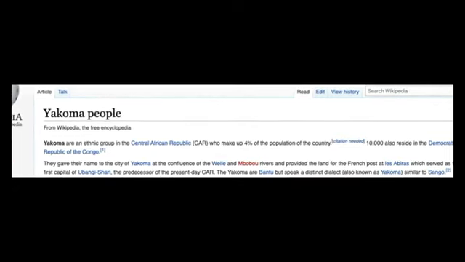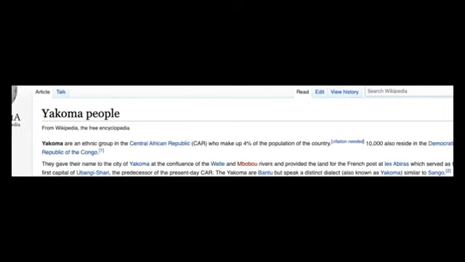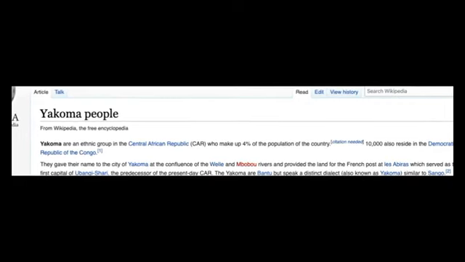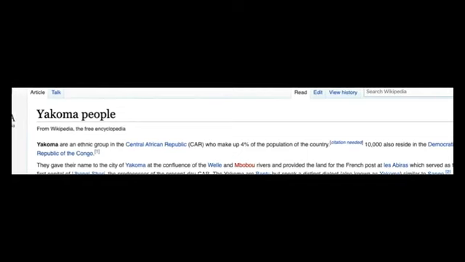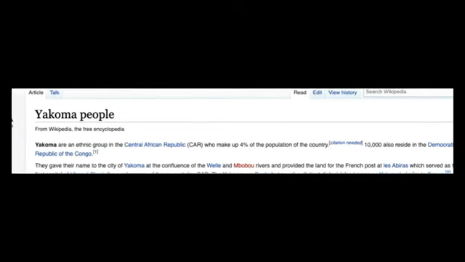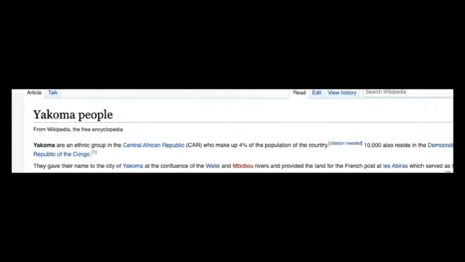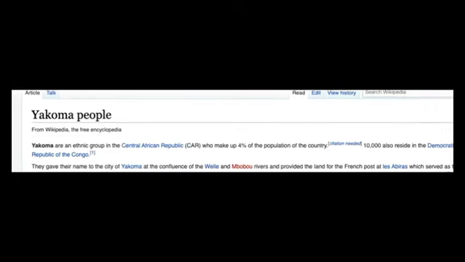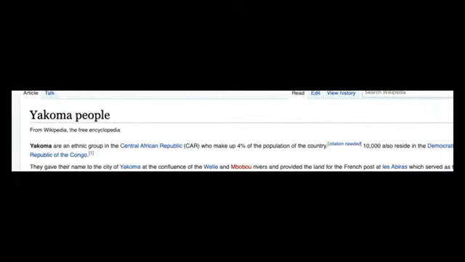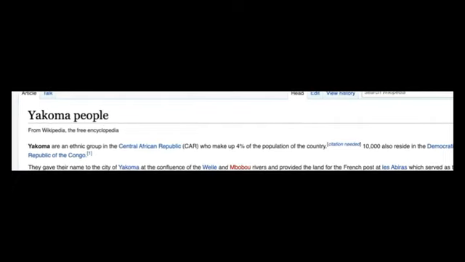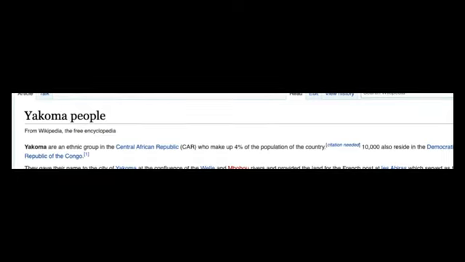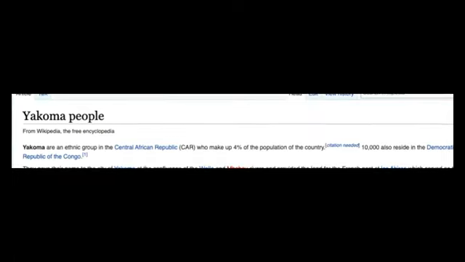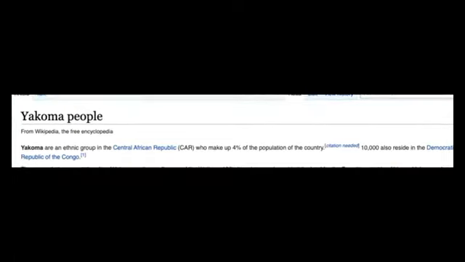What the people are going to do, if they want to do this, is purify his wife, and they're going to hand her over to his younger or elder brother, so he can beget children on his behalf. The Yakoma people are doing this. These are the people of God. These are the people of the Bible. They're doing it without even knowing that this is in the Bible.